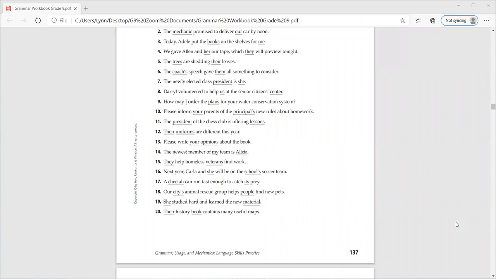Yes. Number 12, there is possessive. Yes. And uniforms is objective. Uniforms, go back to uniforms. It's nominative. Yes. Remember, it's the subject of a verb.